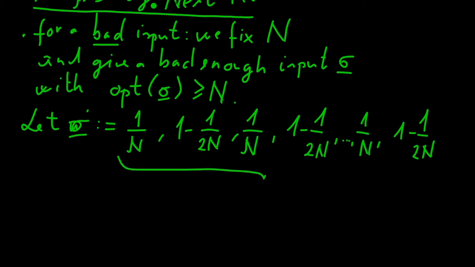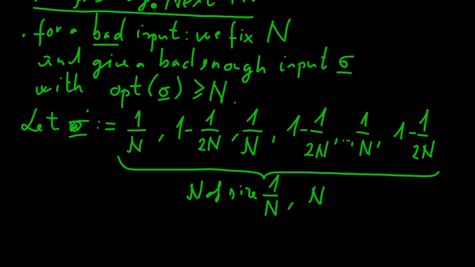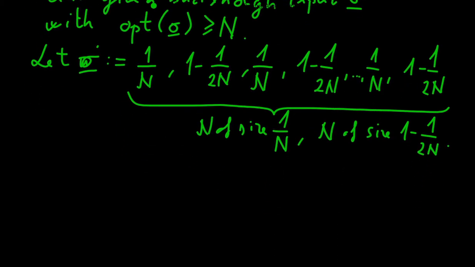In total there are n objects of size 1 over n, and also n objects of size 1 minus 1 over 2n. Clearly the next fit algorithm, as before, will pack these into separate bins.